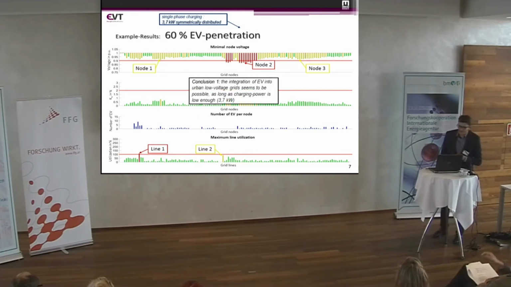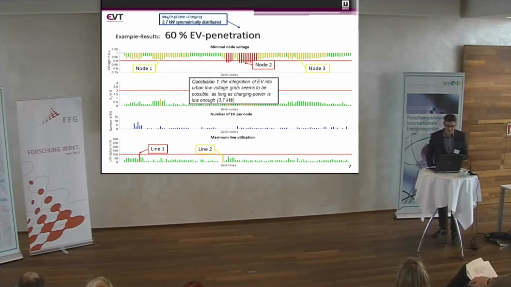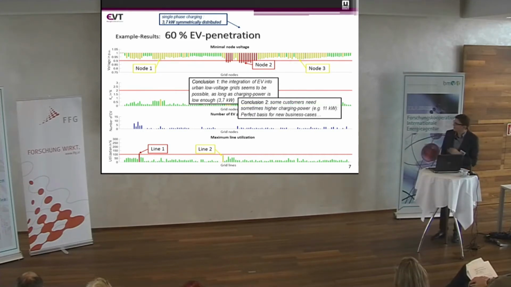Conclusion. The integration of EVs into urban low voltage grids seems to be possible as long as charging power is low enough. What we are doing here is 3.7 kilowatts symmetrical charging. And conclusion number 2, and this is actually the link to the business cases part.